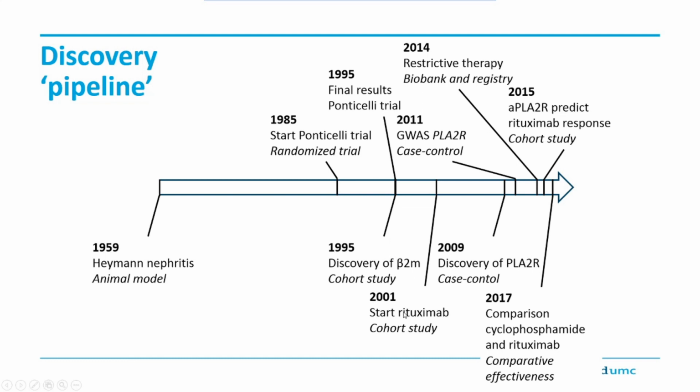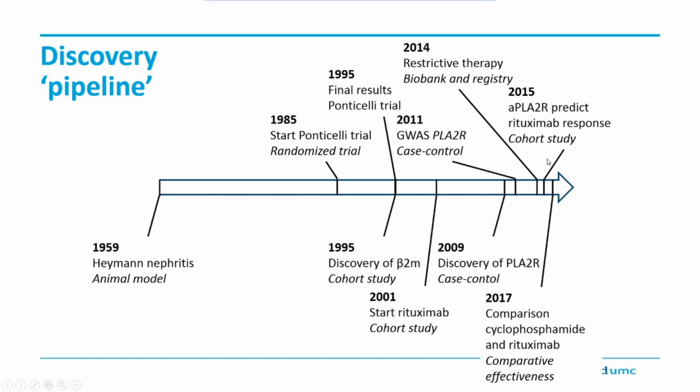In 2001, the rituximab cohort study started, and only in more recent years did we start finding the genetic information. PLA2R was discovered. A restrictive therapy that we compared to the rituximab therapy was only done in 2014 or 2017 actually.